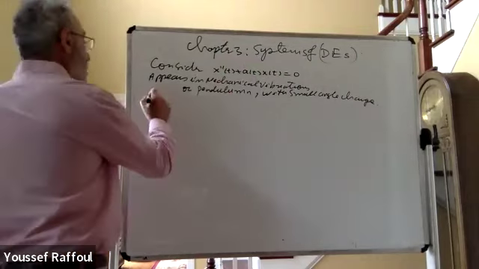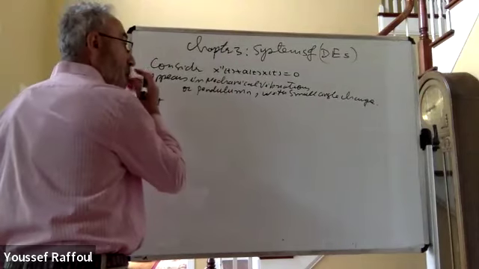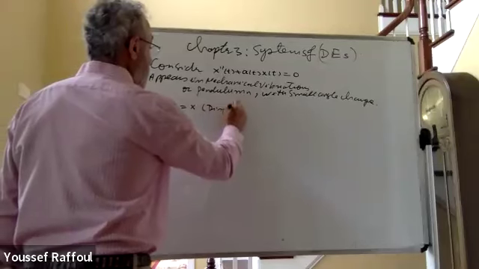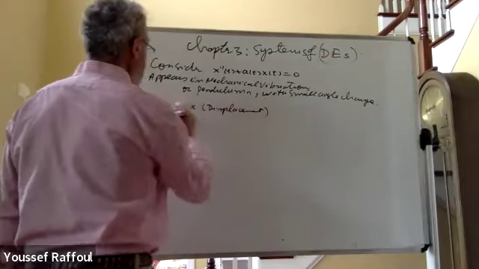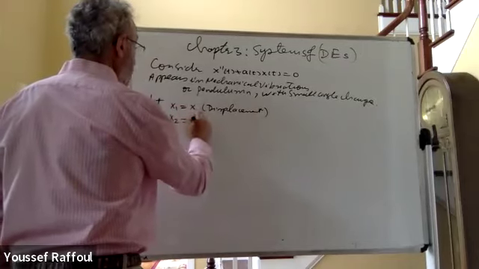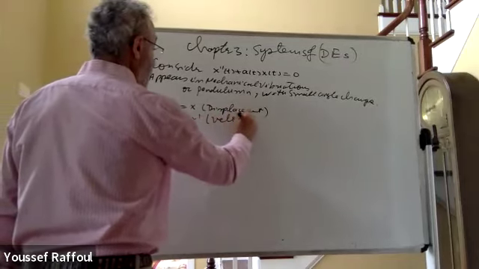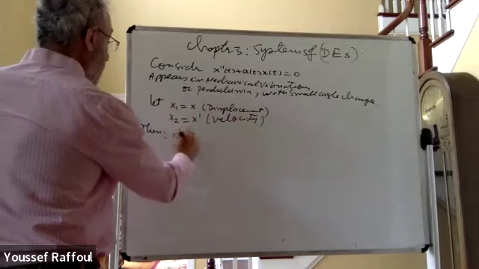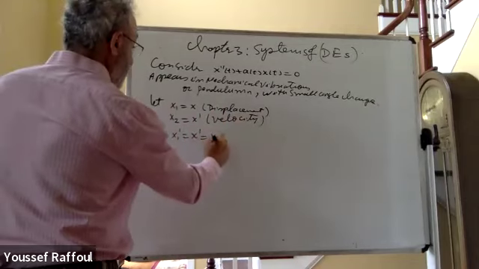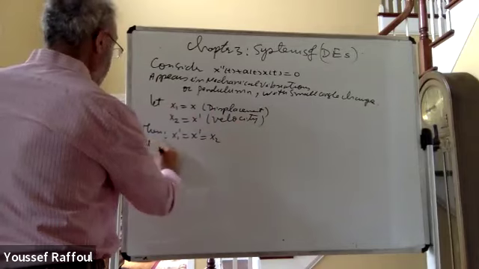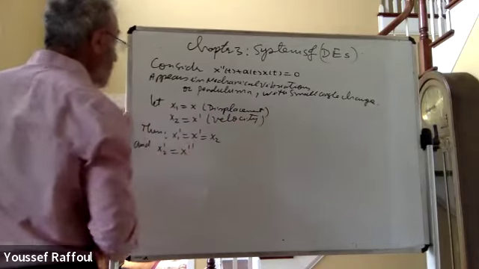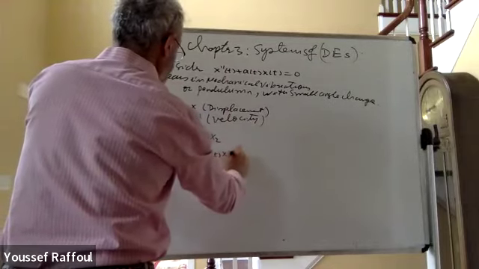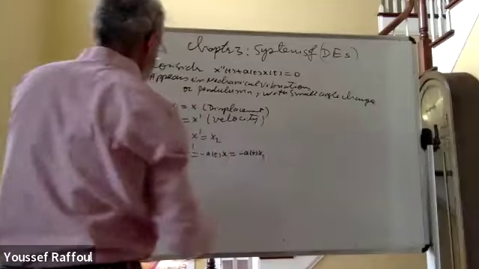So if we let x1 equal x, that is the displacement, and x2 equal x prime, that is the velocity, then we get x1 prime equal x prime, that is x2, and x2 prime equal x second. And from here, that is minus a(t)x, and that is minus a(t)x1.